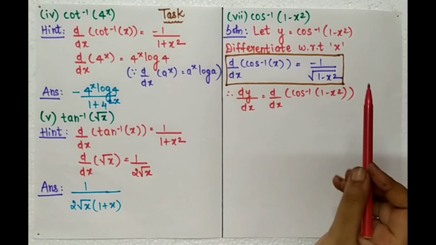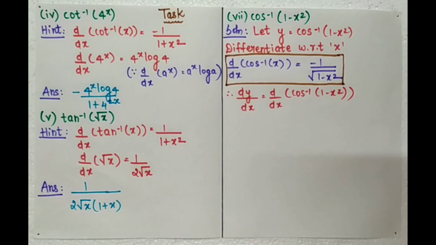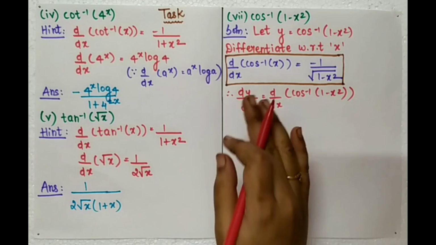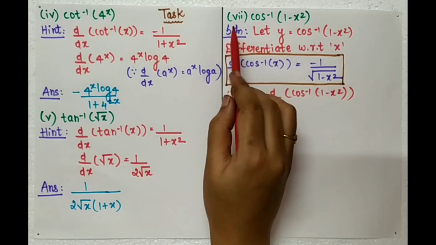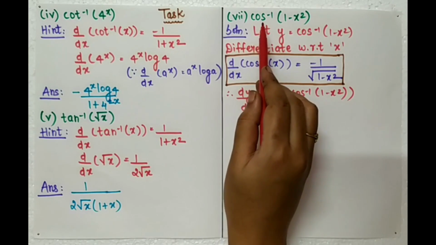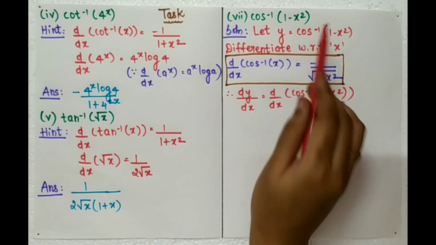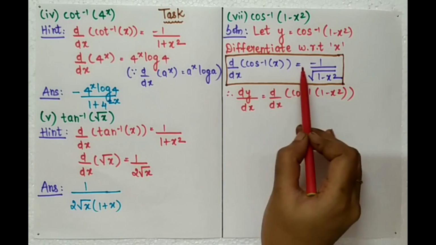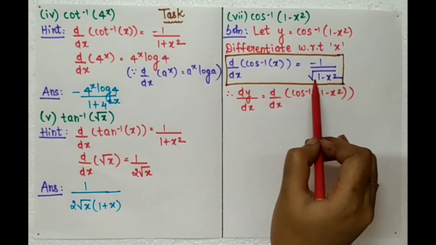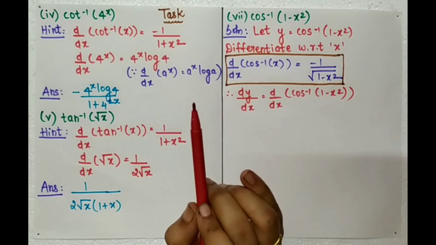So now we can move on to question number 7. See, question number 6 and 8 are similar. After completing question number 7, I will solve question number 6 and 8 together. Okay. The question number 7 is based upon cos inverse 1 minus x square. See, the derivative of cos inverse x is minus 1 upon root of 1 minus x square.